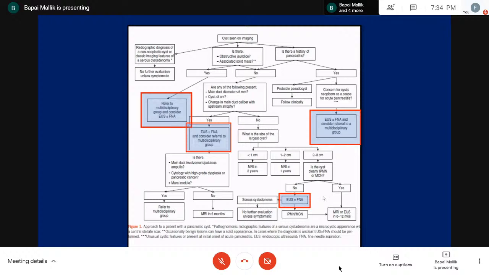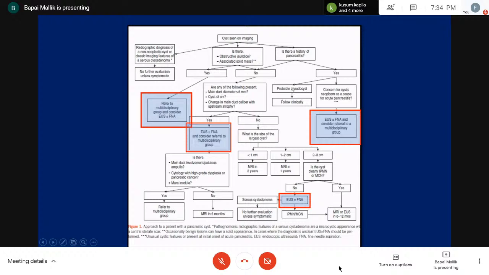So according to this guideline, if there are cysts seen on imaging and the radiographic diagnosis is that of a non-neoplastic cyst, or if there are classic imaging features of a serous cystadenoma, no further evaluation is recommended unless the patient is symptomatic. However, if there is a history of pancreatitis, or if there is obstructive jaundice or an associated solid mass, things are different. If there is obstructive jaundice or an associated solid mass, FNA plays a very important role.